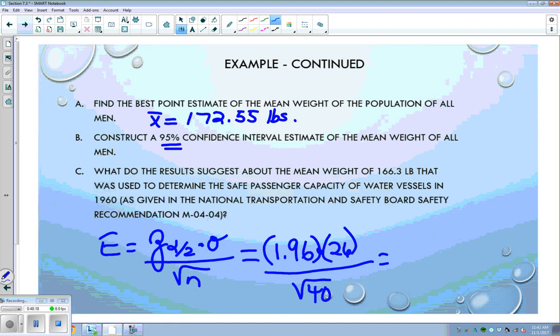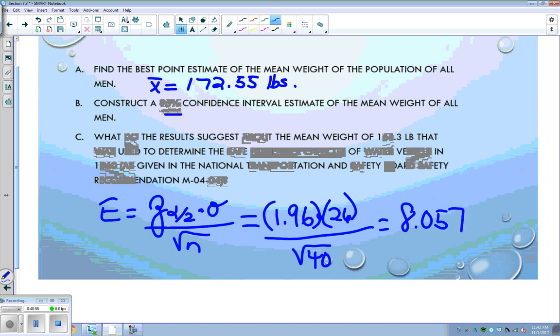What do you find that margin of error to be? 8.05. We got agreement? 8.057.